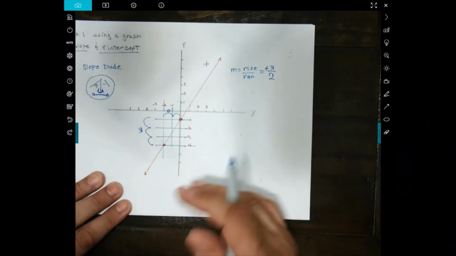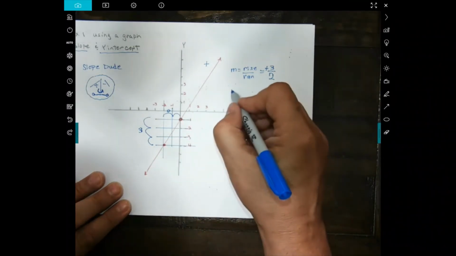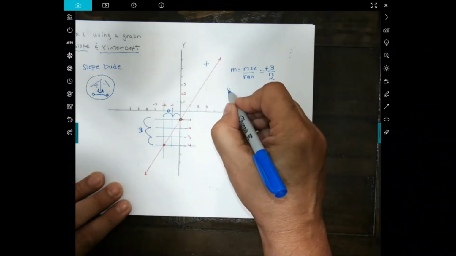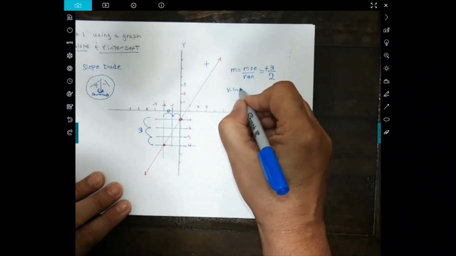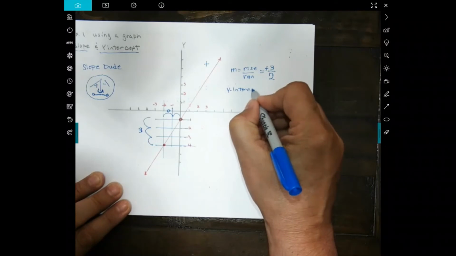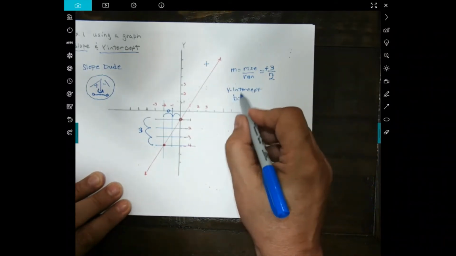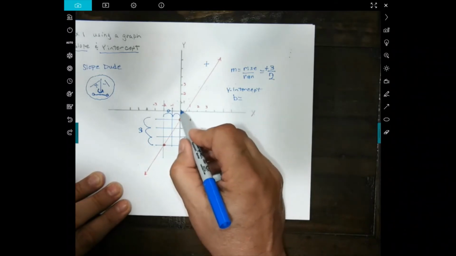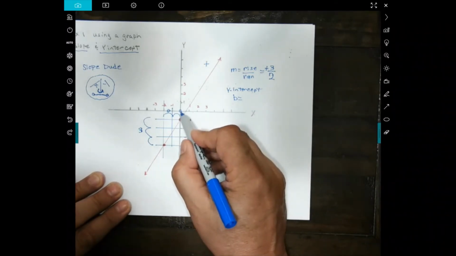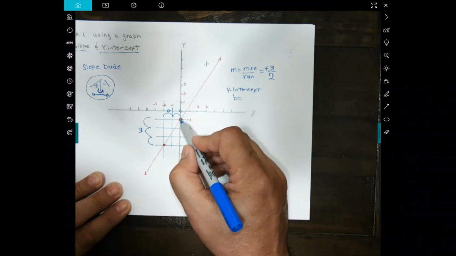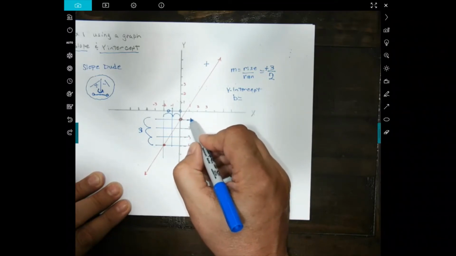Now my y-intercept, b, is where x equals 0. So here's my origin, so x equals 0. Where does it cross the y-axis? Here's my line crossing the y-axis. It's crossing at -1.